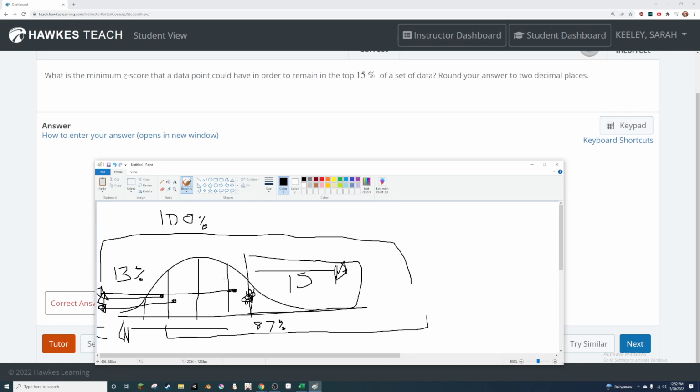So that will give you 85% instead, because this area right here is going to be 85%. We want it to be calculating the minimum rather than that. Because if we just plug in 15%, it's going to find for right here instead.